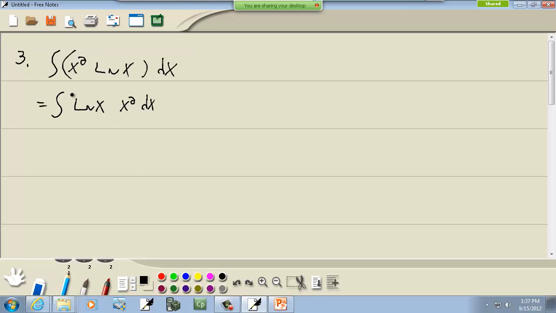Like this. And we're going to let the natural log of x be u, and the x squared dx will be dv. So over here, I'm going to have u is equal to natural log of x, and dv is equal to x squared dx.